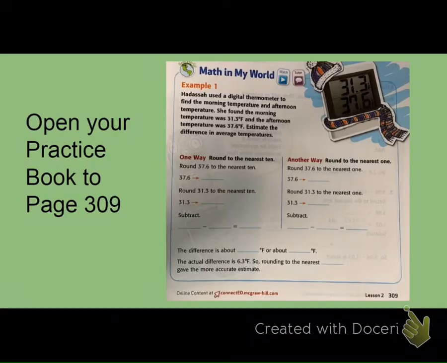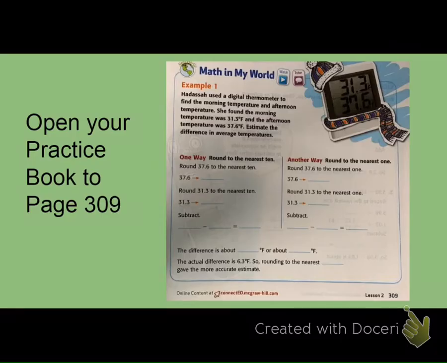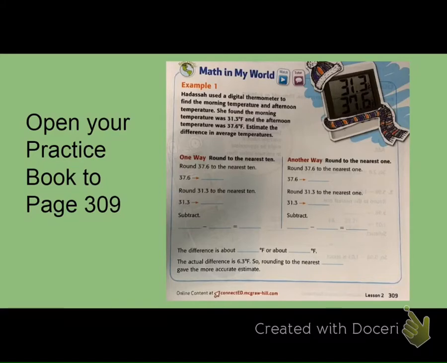All right, if you please open up your practice book to page 309. It looks just like what you see on your screen there. Let's go ahead and solve this problem. So example number 1, it says, Harasa used a digital thermometer to find the morning temperature and afternoon temperature.